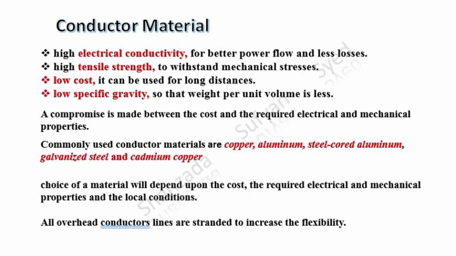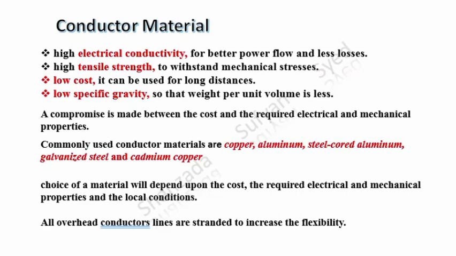It means you have to choose a material which is cost effective. Secondly, your electrical and mechanical properties should be fulfilled, and thirdly, your conductor should fulfil the constraints of the local conditions where you set up the transmission line.